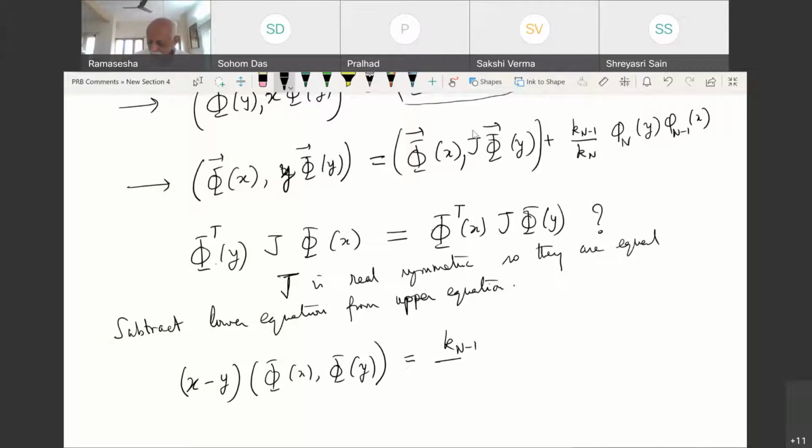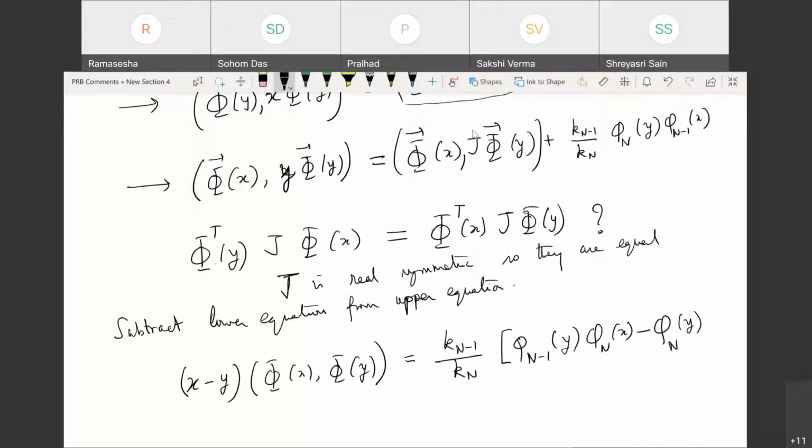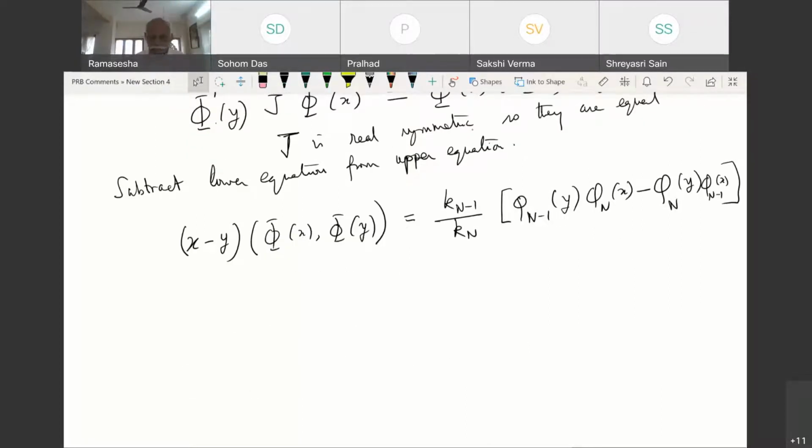Into Pn on y, and y times Pn minus x. Correct? What is the left hand side equal to?